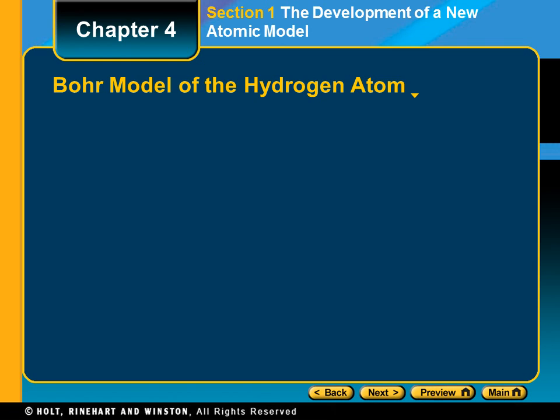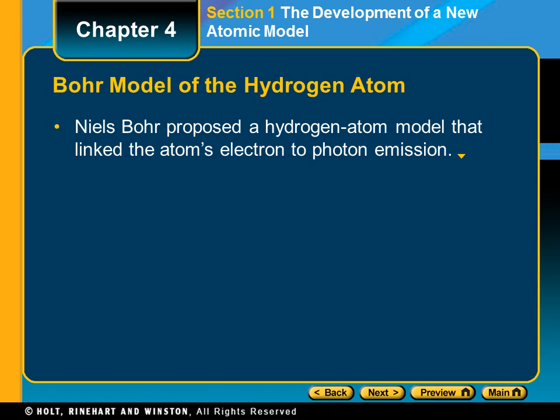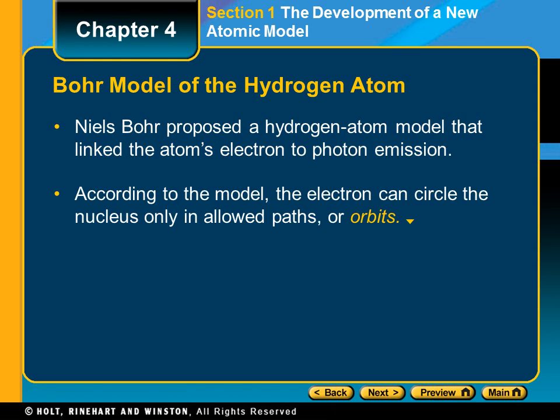And so Bohr then creates this model of the hydrogen atom. This is Niels Bohr, based on the information that was gathered from that experiment. He proposes a hydrogen atom model that linked the atom's electron to the photon emission. According to Bohr's model, the electron can circle the nucleus only in allowed paths or orbits.